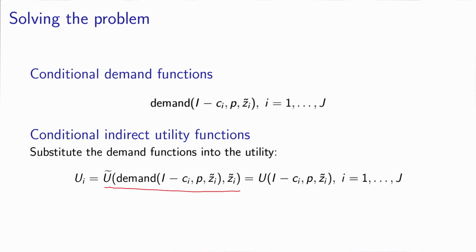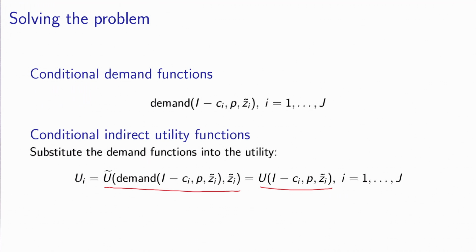So somehow this can be denoted by a function of the remaining budget, the price, and the attributes. So these conditional indirect utility functions are what we will call in the rest of this course the utility function. Okay, so this is what will be involved to decide which of the discrete goods will be selected.